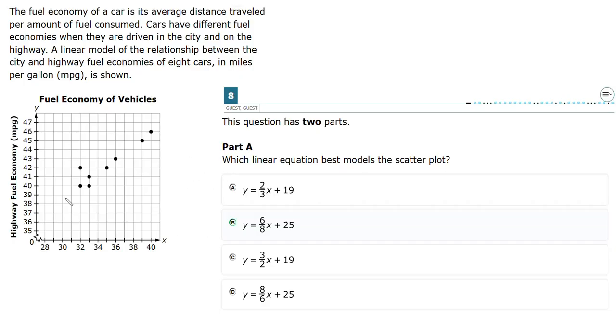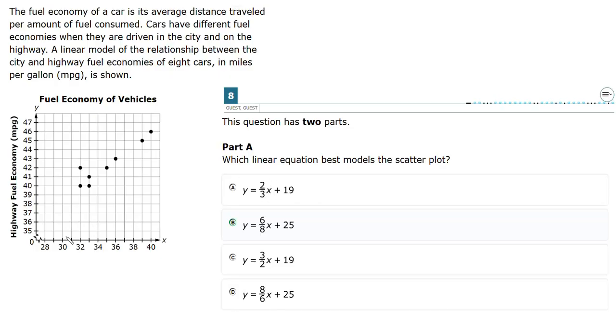The easiest way to do this is to pick some points on the graph and plug them into the different equations and see which ones give you a good line that runs through these points well. In order to save time, I'm just going to go straight to the correct answer, which is A, and show you how that works. Since my slope is 2/3, I'm going to pick numbers that are divisible by 3.